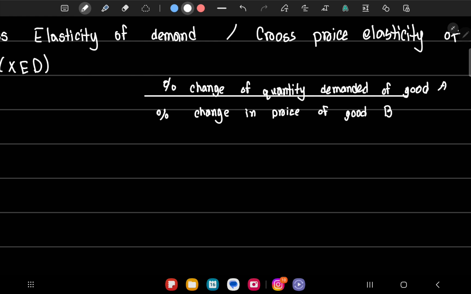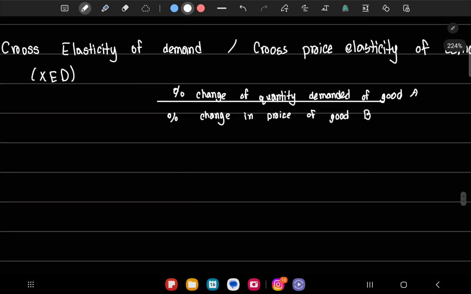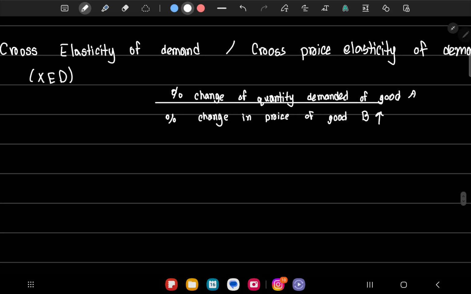So why would this ratio be useful to study? This is because it can tell us if goods are substitutes or complements of each other. An example of complementary goods would be car and petrol. So if the price of petrol increases, the quantity demanded of cars will decrease because owning a car will become more expensive.